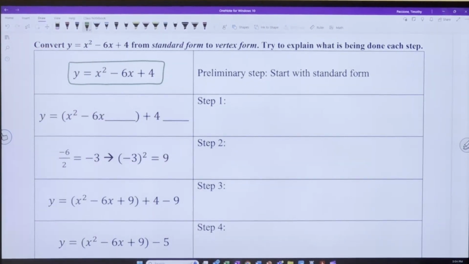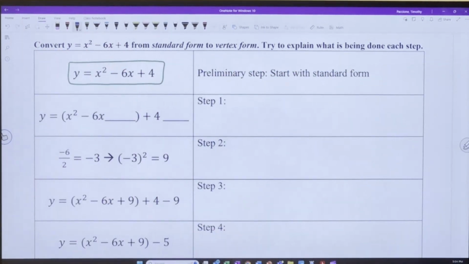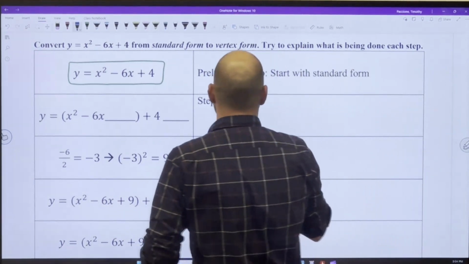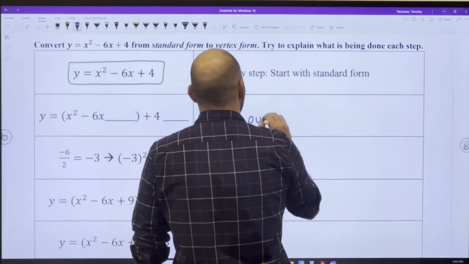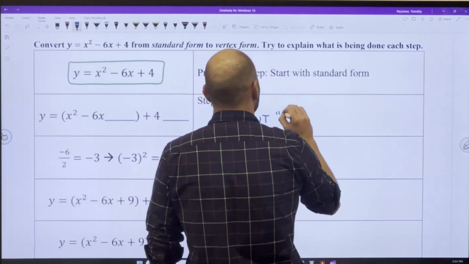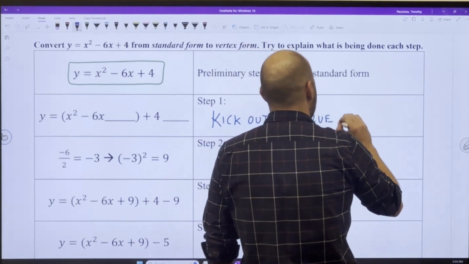Okay? The very first step that we do is we say, that c value is not a perfect square c value, so I'm kicking it out. So you kick out your c value and add parentheses.